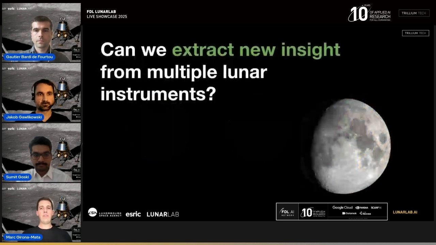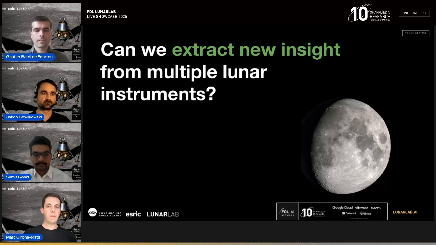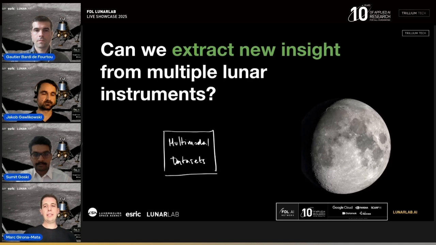The core problem we're facing and working on is that lunar data is siloed and unstructured. We have dozens of instruments, but no way to really see the full picture. This begs the question, how can we extract new insight from multiple lunar instruments? In other words, how can we combine multiple data modalities into a unified representation?